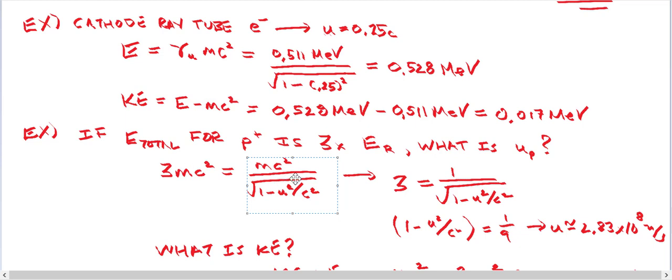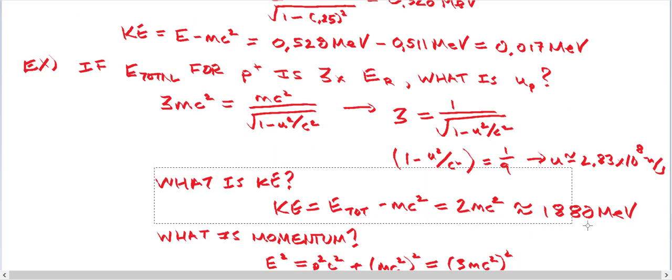So we could divide both sides by mc squared, and we get that 3 is equal to 1 over the square root of 1 minus u squared over c squared. Cross multiply, and then square, and we get that 1 minus u squared over c squared is equal to 1/9. And so you can do this algebra problem, but you get that u is about 2.83 times 10 to the 8 meters per second. So again, very, very close to the speed of light.